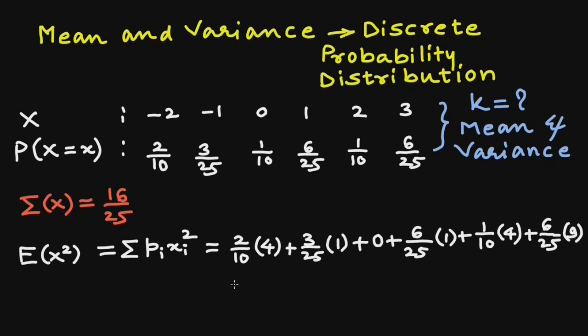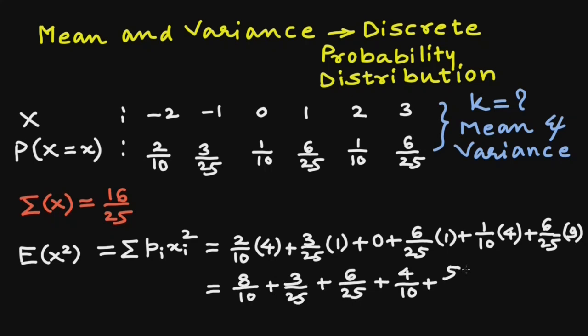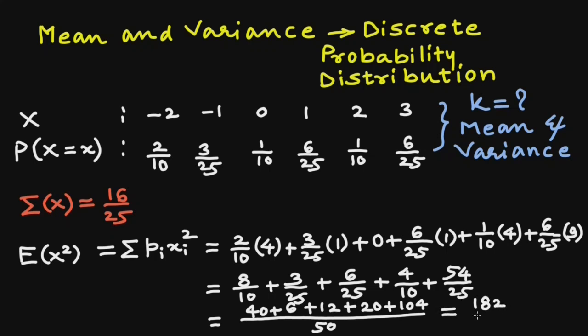So it will be 8 upon 10, 3 upon 25, 6 upon 25, plus 4 upon 10, 54 upon 25. LCM of 25 and 10 is 50. 50 upon 10 is 5. 5 eights are 40, plus 2 threes are 6, plus 2 sixes are 12, plus 5 fours are 20, plus 54 multiplied by 2, 108, which will be 182 upon 50, which is 91 upon 25.